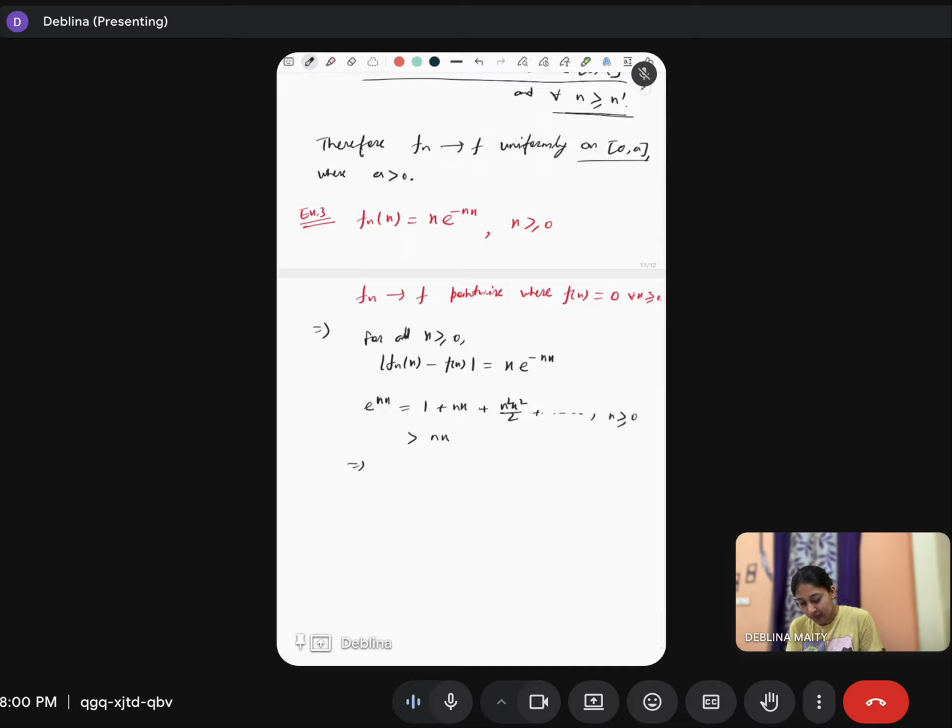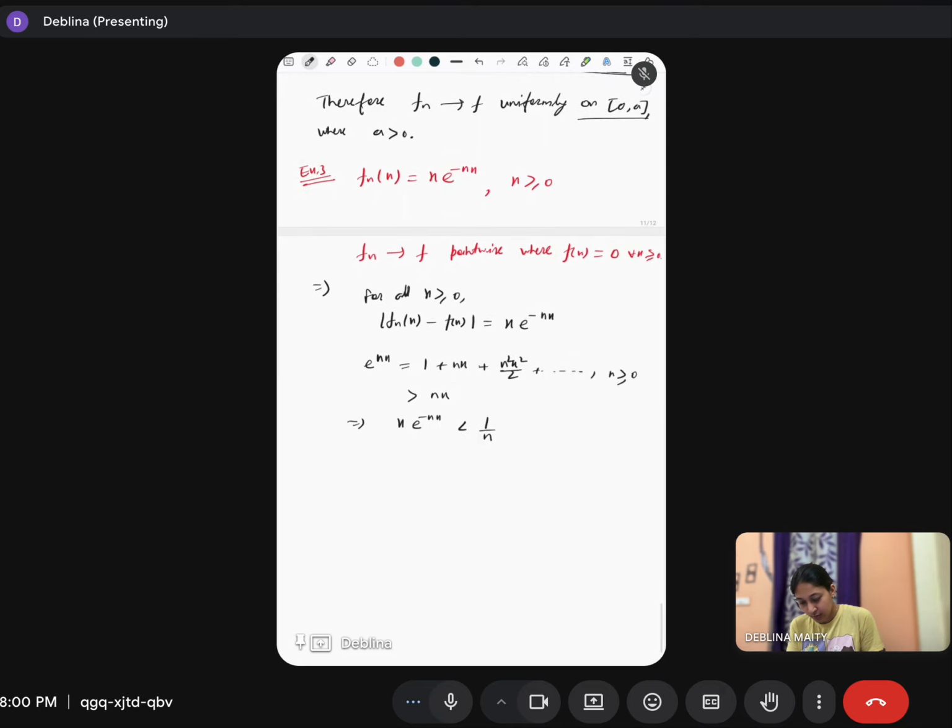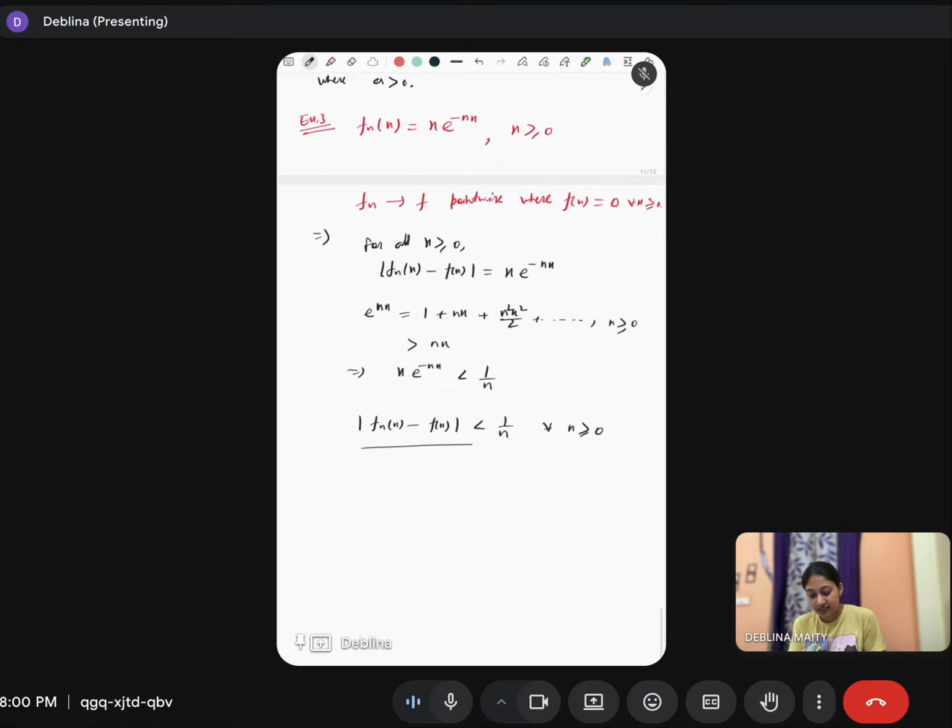So this implies x times e to the power minus nx is strictly less than 1 by n, right? So mod of fn(x) minus f(x) is strictly less than 1 by n for all x greater than 0. Now when n tends to infinity it is going to be 0.